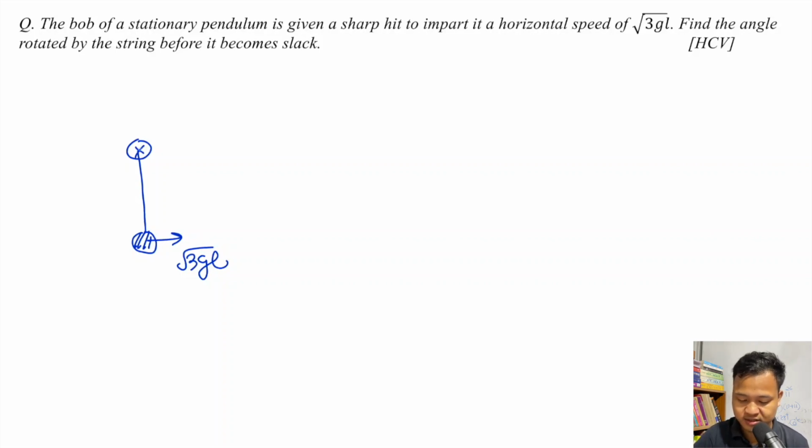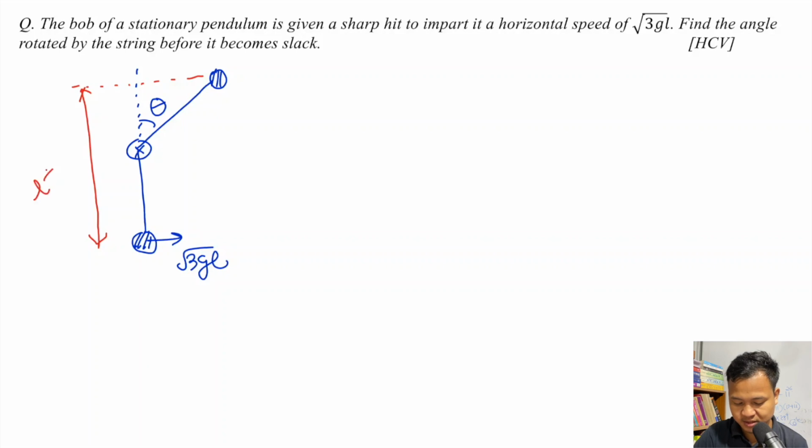Let's say at some angle, when it is here, the string starts to go slack. So let's say it makes an angle theta with the vertical. For energy conservation, the total height is L plus L cos theta, so I can write L into 1 plus cos theta.